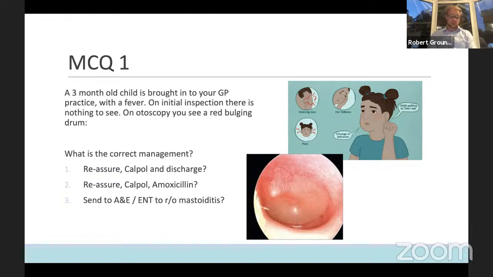Should you just reassure them, give them some Calpol and send them home? Perhaps reassure them, give them some Calpol and some amoxicillin and send them home? Or if you're really concerned, you're going to send them into A&E for ENT to rule out mastoiditis. I'll give you 10 seconds more just to have a think.